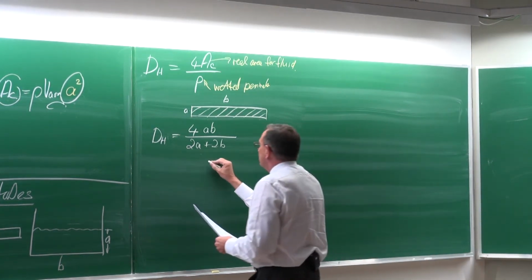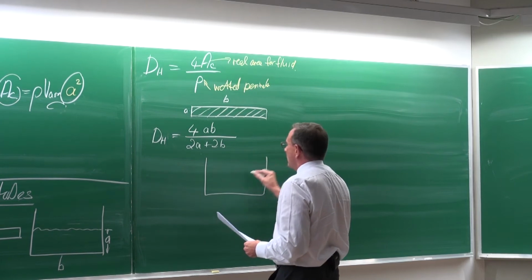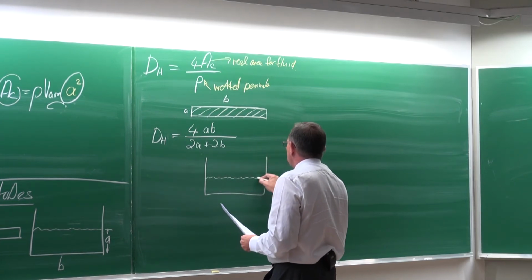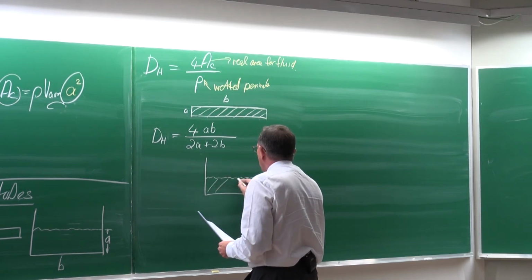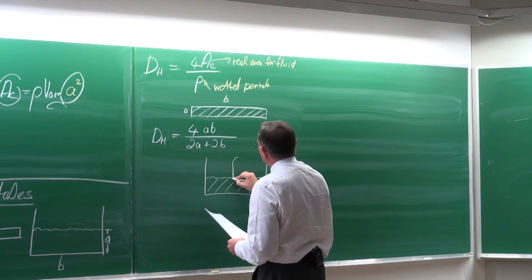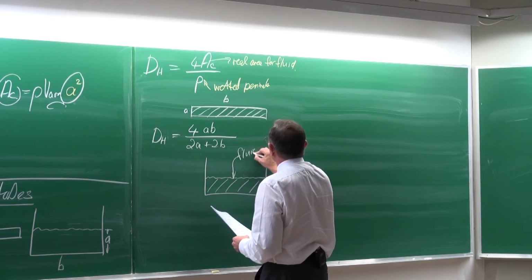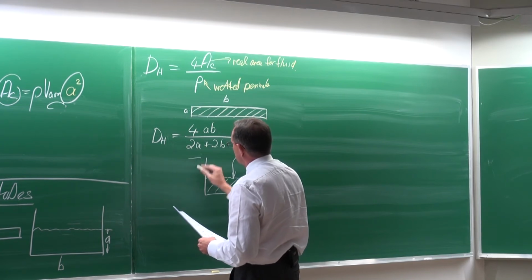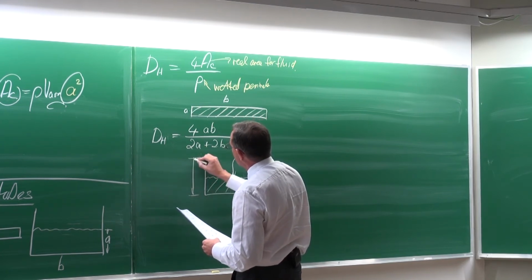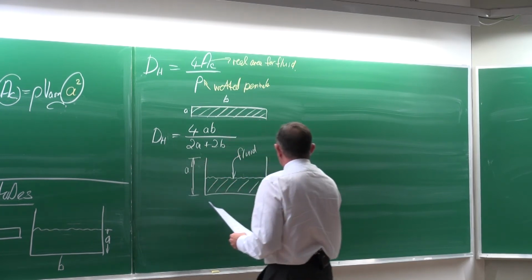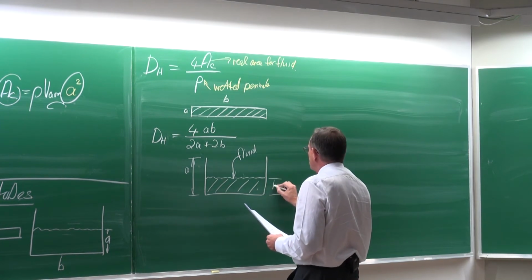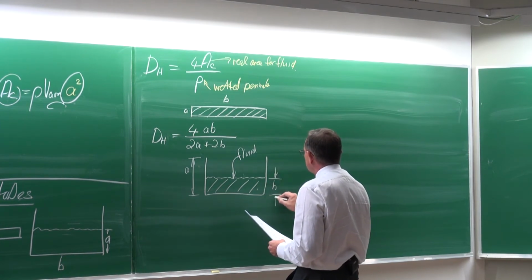Now the other one is the one where we've got a fluid in a channel. So that's the fluid. And let's call that distance A. And that distance we call H, the height of the fluid.